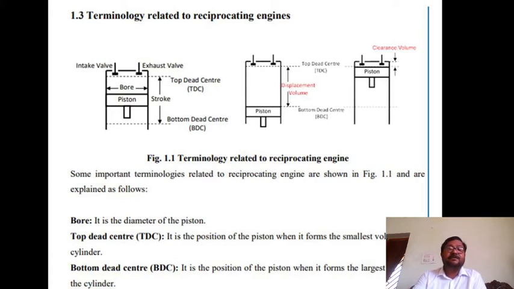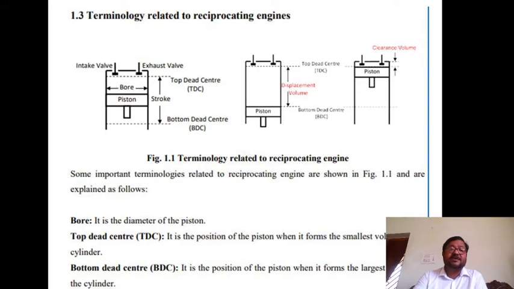See the top dead center and the bottom dead center. The distance the piston moves between them is called the stroke length, and the corresponding volume is called the displacement volume. The volume and the length are different.